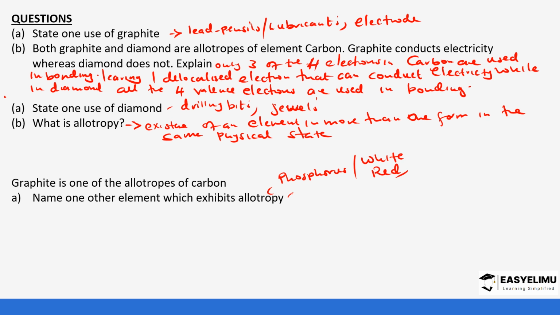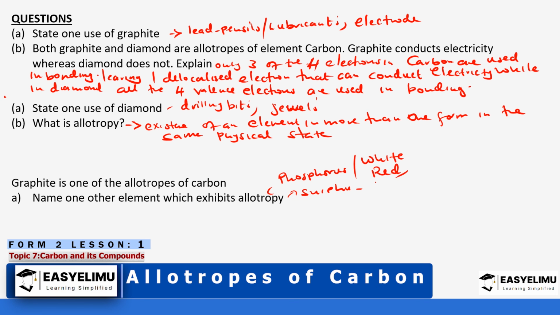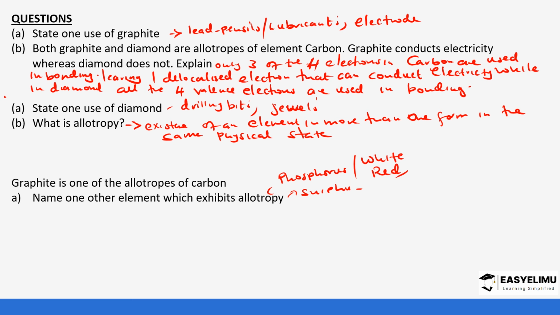Also sulfur, as you discussed in Form 3, we have the two allotropes of sulfur, monoclinic sulfur and rhombic sulfur.